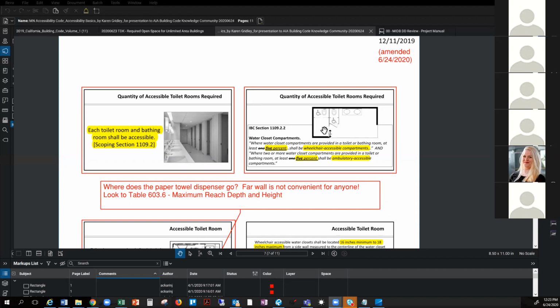So she strongly recommended that we incorporate that into the second unit. So very important, keep that in mind as you're developing your spaces.